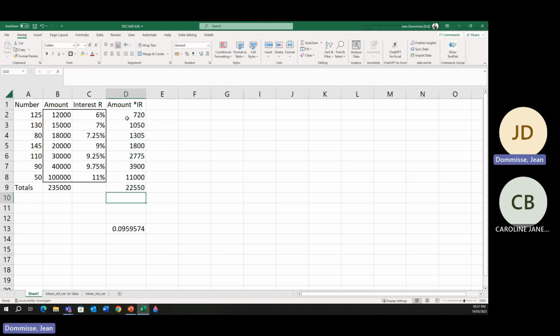And then to work out the average weighted, it is that interest rate one divided by that. And you then just need to put it in a percentage.